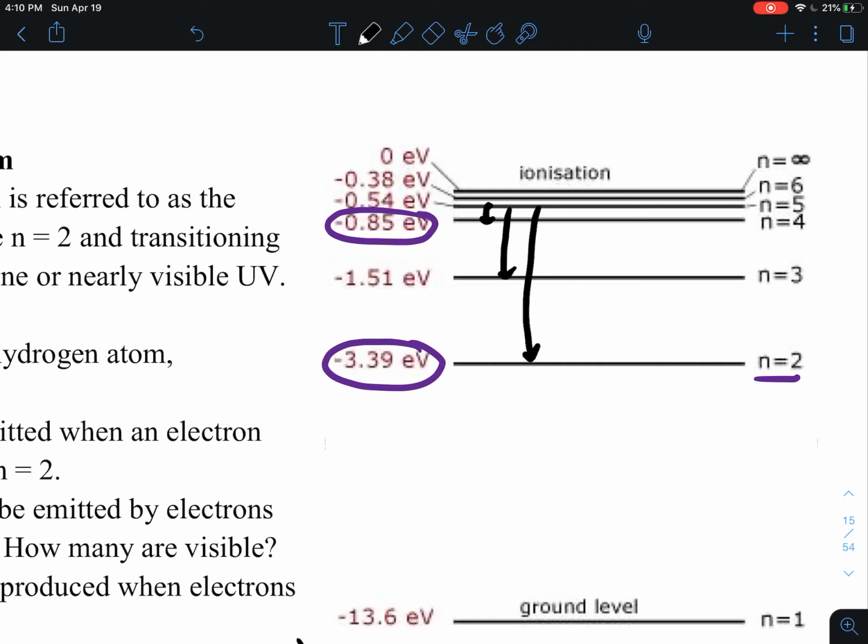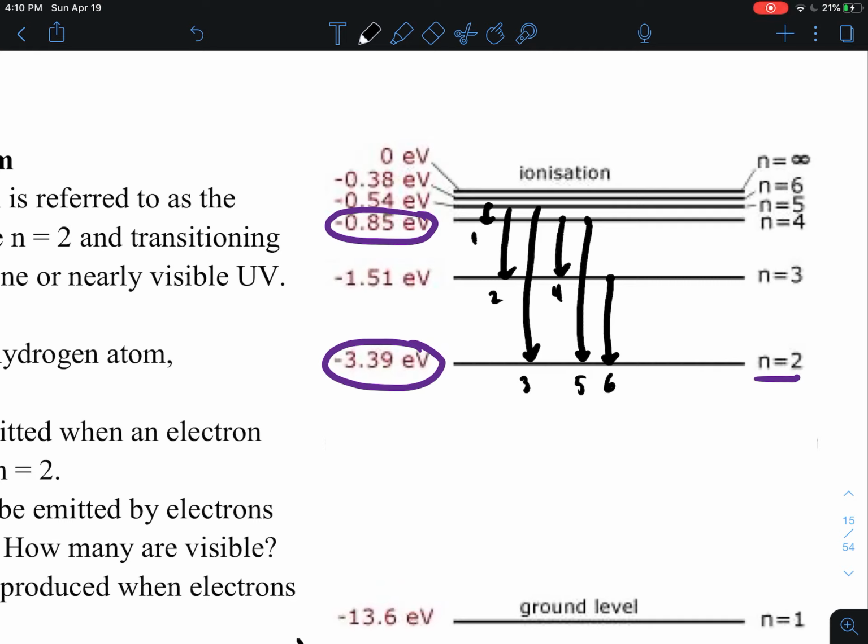But what about the photon that was ending at 4? That one could then transition from 4 to 3, or it can go from 4 to 2. And what about the transition between 3 and 2? There's also one at this point. If you count out my arrows, we have 1, 2, 3, 4, 5, 6.